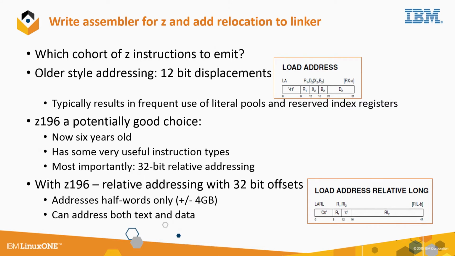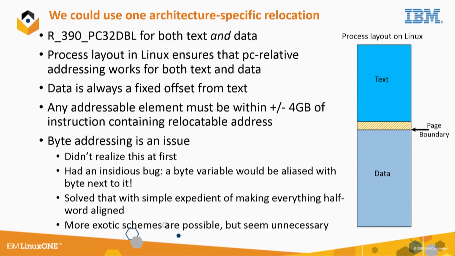I figured that would be enough, and I think it is, actually. We haven't ever run out of either text or data space with that addressing. If we ever do, then we'll have to revisit that. But so far, it's worked well. So that's our relocation, R390 PC double.